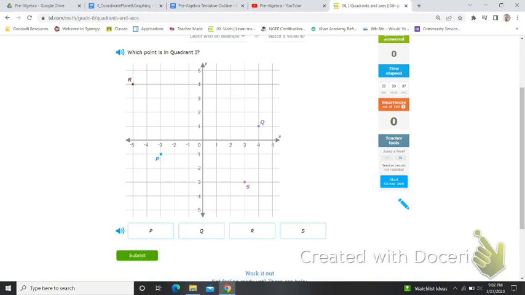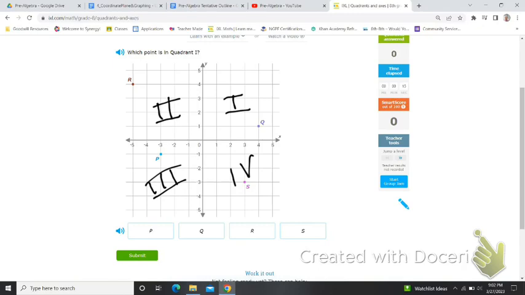And we want to remember from what we did earlier which quadrant is which, so it may help to have those notes so that we know this is 1, 2, 3, and 4. And notice they're going to give the question using those Roman numerals.